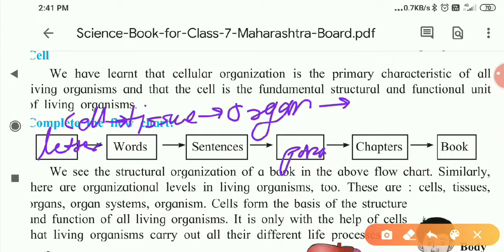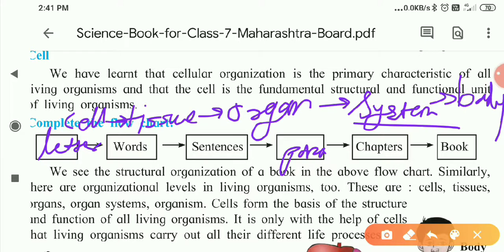Organs come together and form a system. There are many systems: digestive system, respiratory system, circulatory system. These systems come together and form the body.